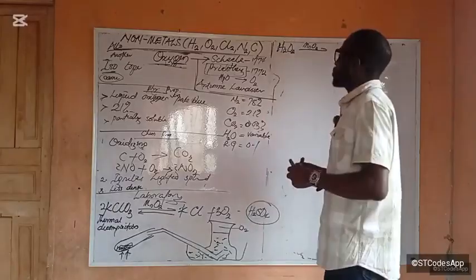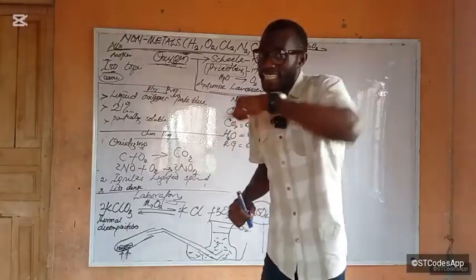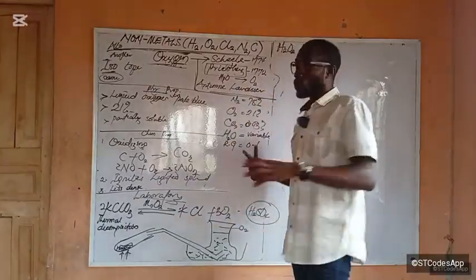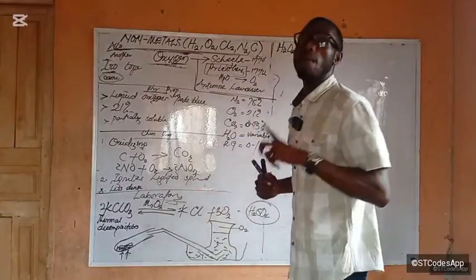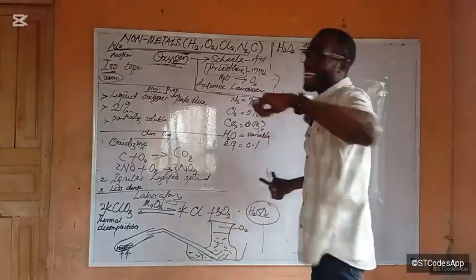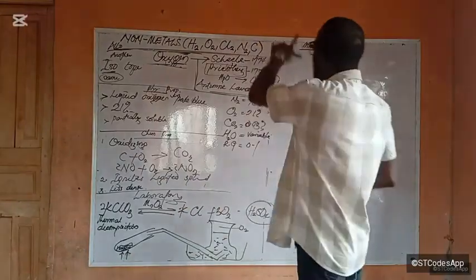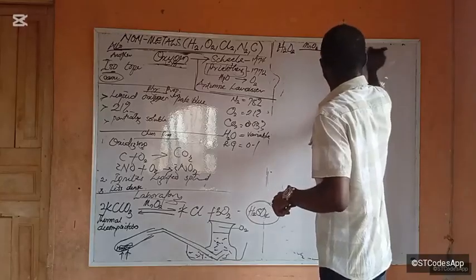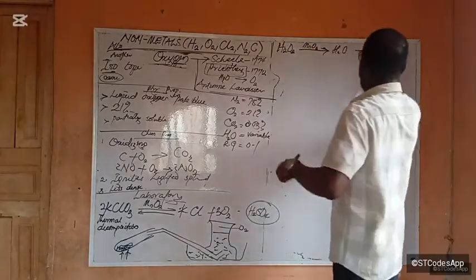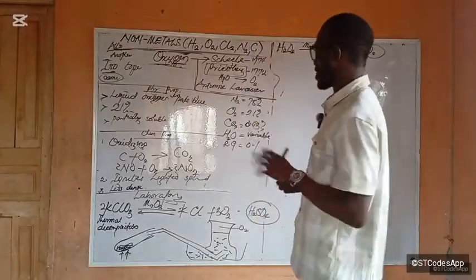How do we know that manganese 4 oxide is a catalyst and not a reactant? Because it is not used up. A catalyst fast tracks the rate of chemical reaction, but itself remains unchanged. So this will give us water and O2. Then O2 gas is also dried using H2SO4 in the same process I have mentioned.